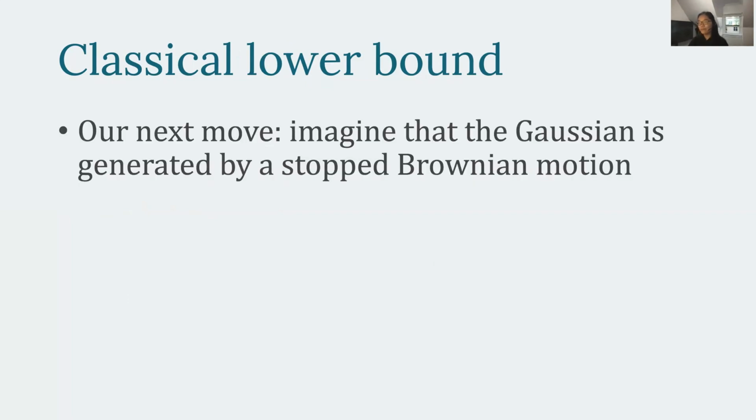So we want to show that a low degree circuit can't distinguish these two Gaussians. Our next move is, I don't know if it's strange to you, but it was definitely very strange to me, to say that I'm going to imagine that this truncated Gaussian is generated by a stopped Brownian motion.